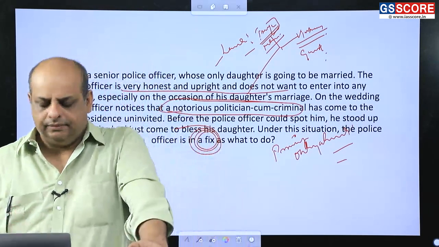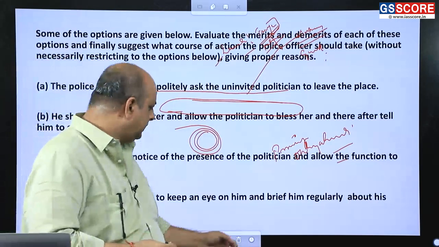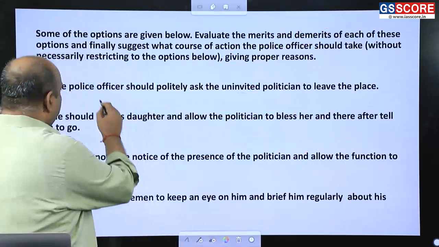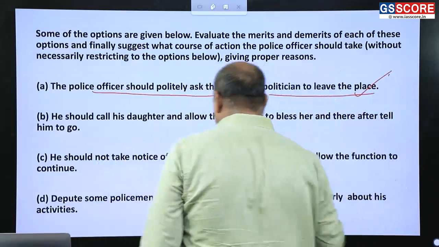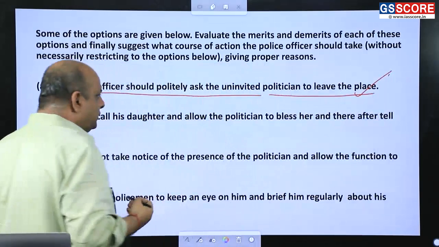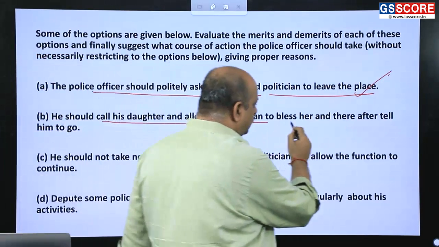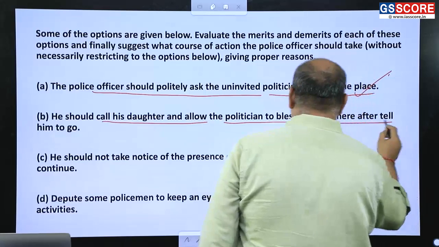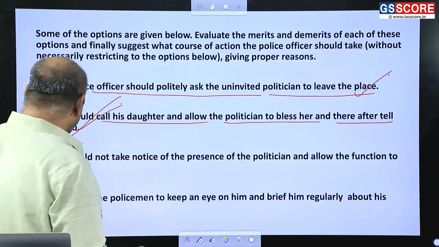As far as options are concerned, there may be certain options like I have created for you. For example, the police officer should politely ask the politician to leave the place. Number one, where you are giving priority to your own image. Or he should call his daughter and allow the politician to bless her, and thereafter tell him to go. Fine. This is also a kind of option.